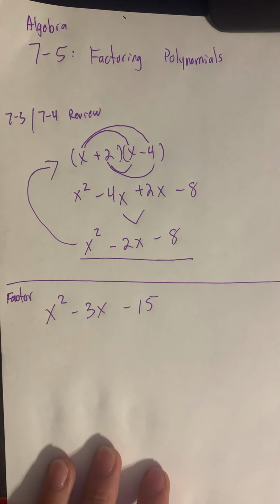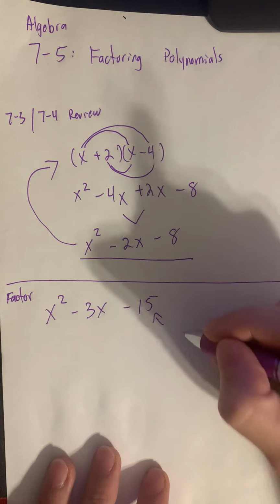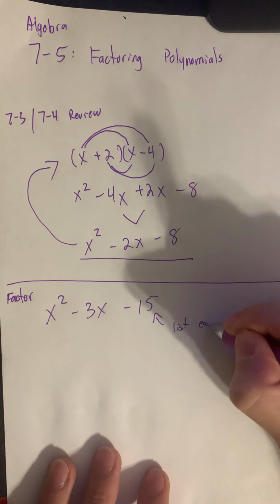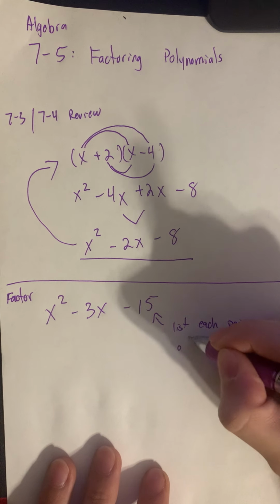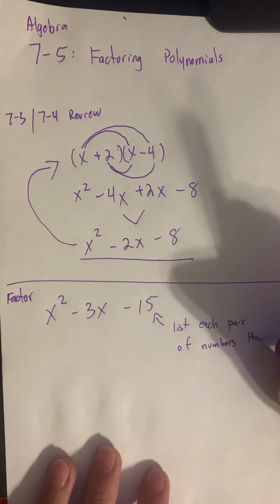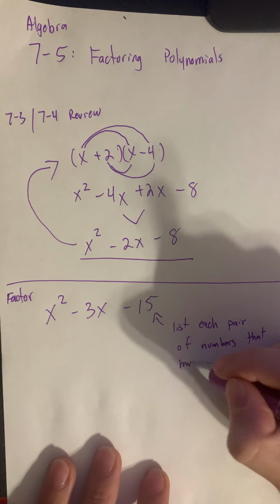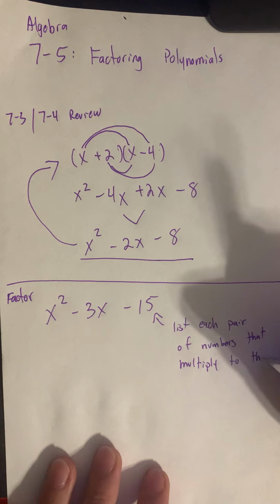So the first thing we want to do is look at this number here and list each pair of numbers that multiply to this.